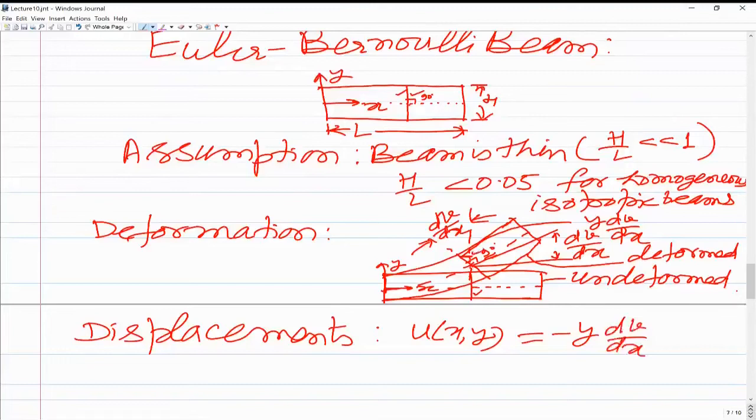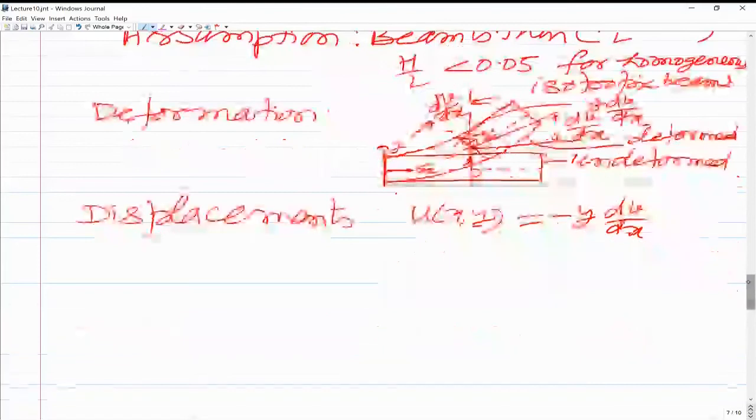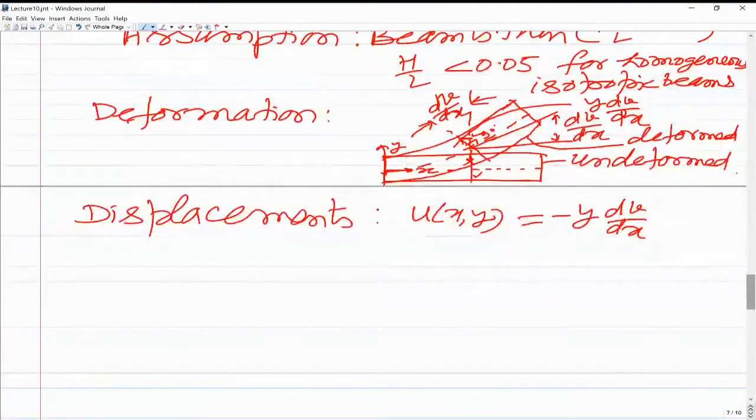Basically this is the displacement which I have marked there. Since the point is moving, initially this point was somewhere here, and finally it has gone here. So it has moved along the negative x direction, and the distance is minus y into dv by dx. That is, y is the height, and dv by dx is the angle. For a small deformation we are just writing it as the radius into the angle, like s equal to r into theta.